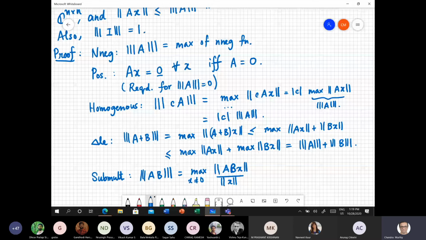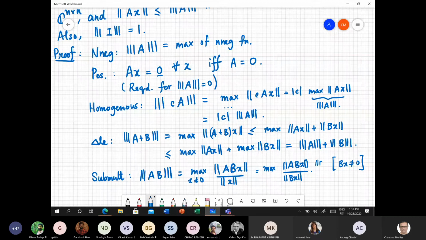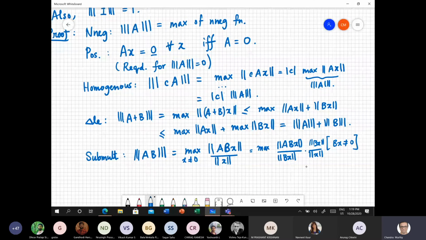So for a moment let's say Bx is not equal to 0. Then I can multiply and divide by norm of Bx, and now I have the max of the product of two terms.